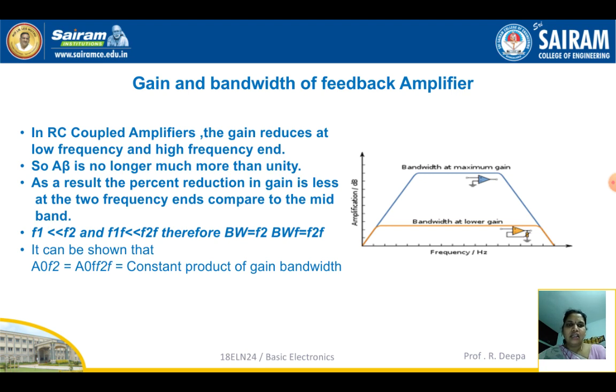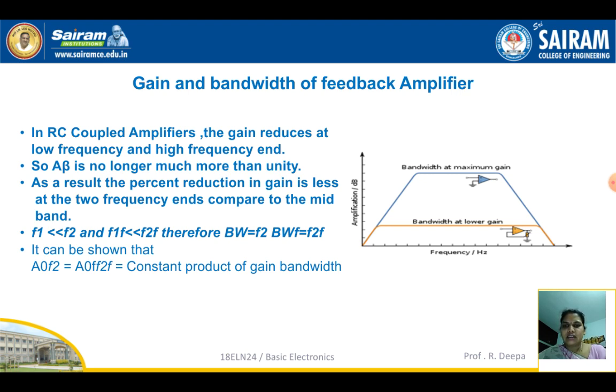Whereas if we apply feedback to an amplifier, the gain is reduced, and the bandwidth is seen to be more, which is represented in the form of orange shade. You can observe that when feedback is fed to the amplifier circuit, the bandwidth is more and the gain is reduced.